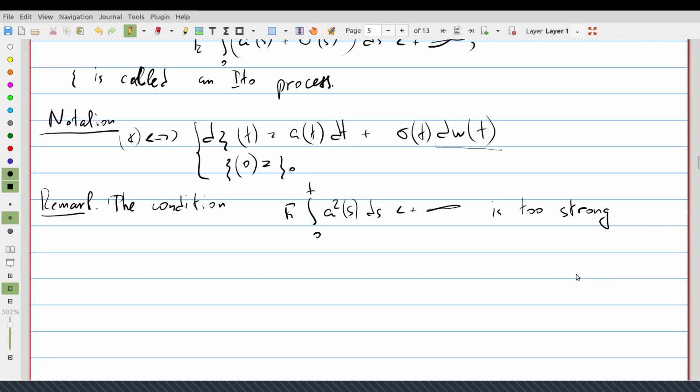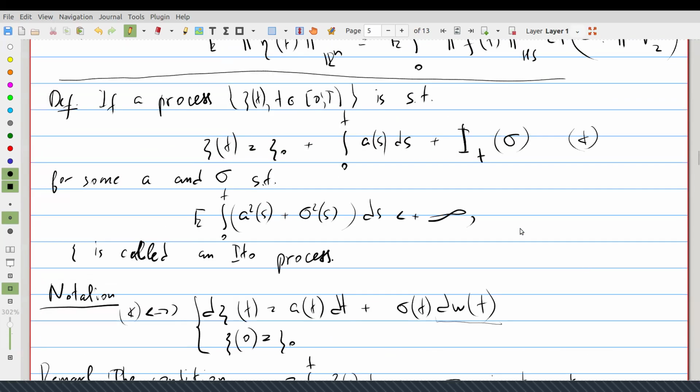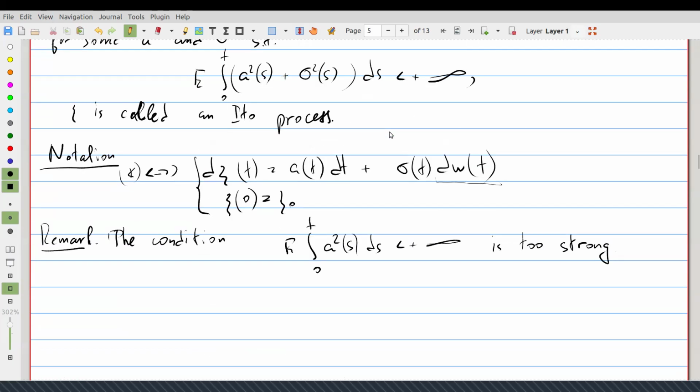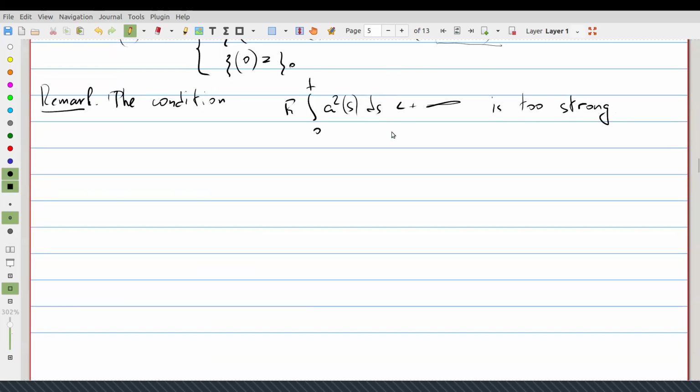And effectively what we need for everything that follows to work is that this is well defined and sigma is square integrable on 0 to t almost surely. And this is just the Lebesgue integral, so we just need a to be in L1, effectively almost surely, but this is a more general case and I will not consider this.